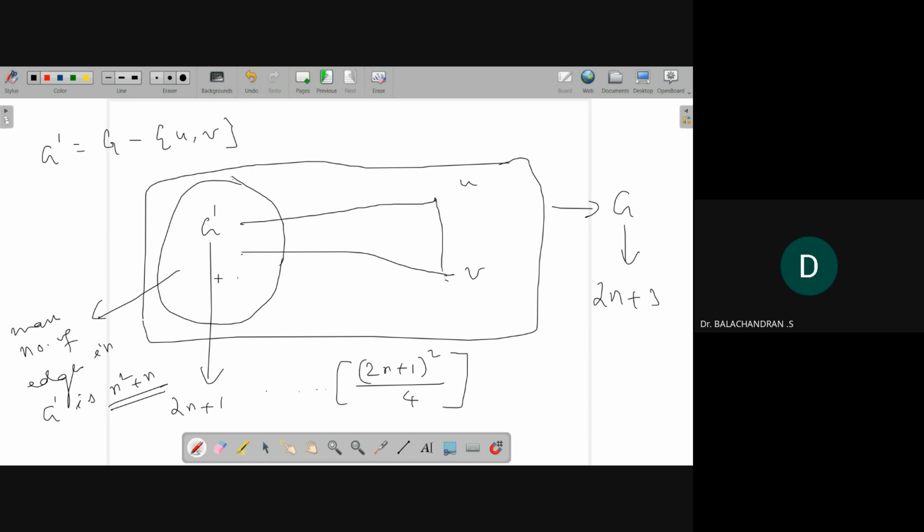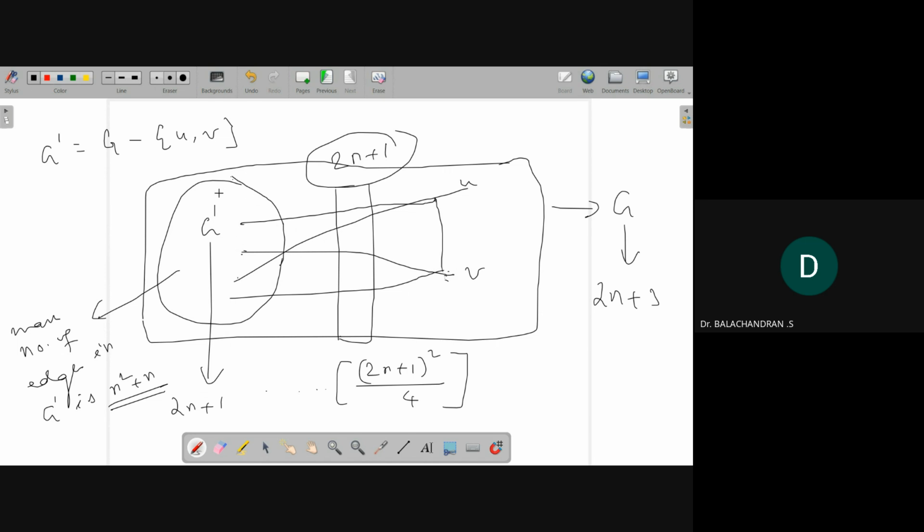So therefore 2n plus 1 edges from the points in G dash to U and V. Suppose this vertex is adjacent to here, this vertex is adjacent to here, the next vertex may be adjacent to here. Similarly, the 2n plus 1 vertices, I'll join either to U or to V. So I'll get totally 2n plus 1 edges from here to here.